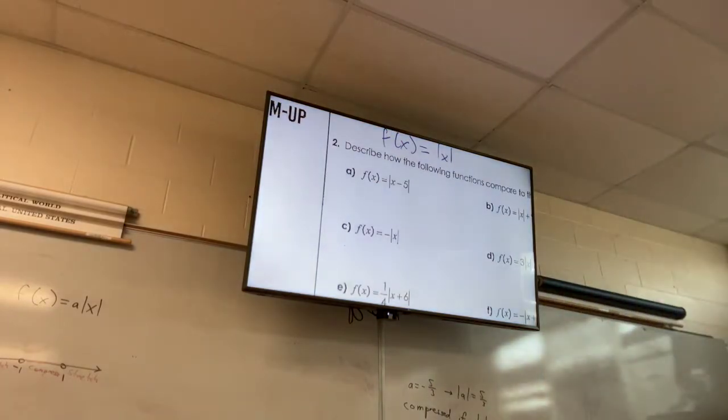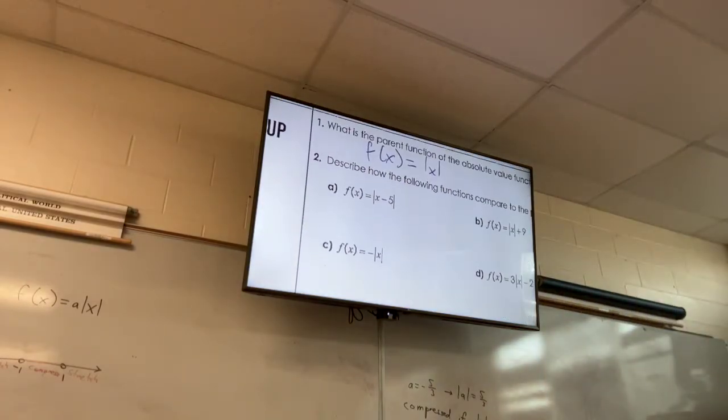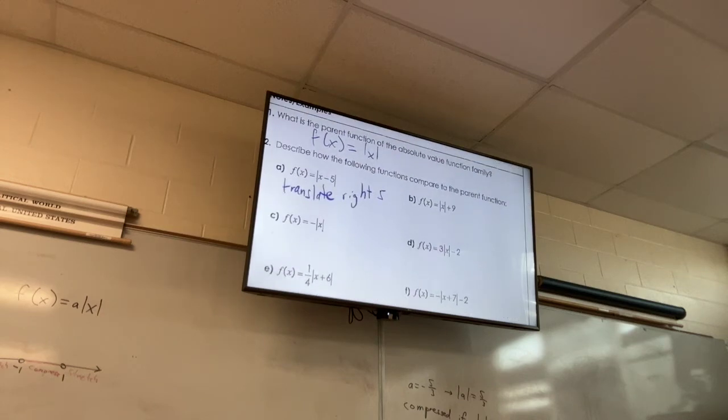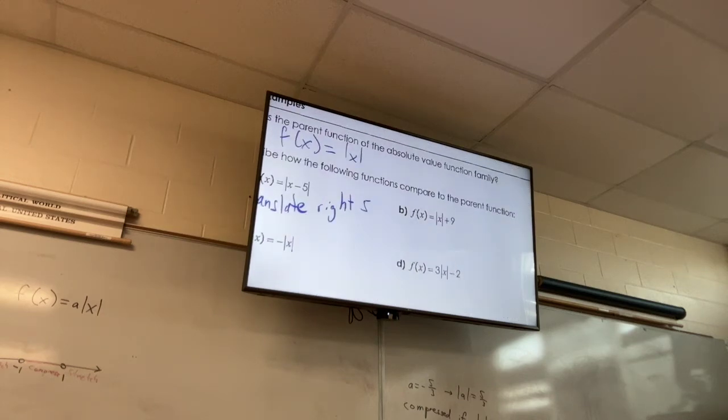The putting that -5 in there changes what about the original graph? Translate right 5. This is just review from yesterday. Translate right 5. And then for B, can you tell me what happens to the graph in B?